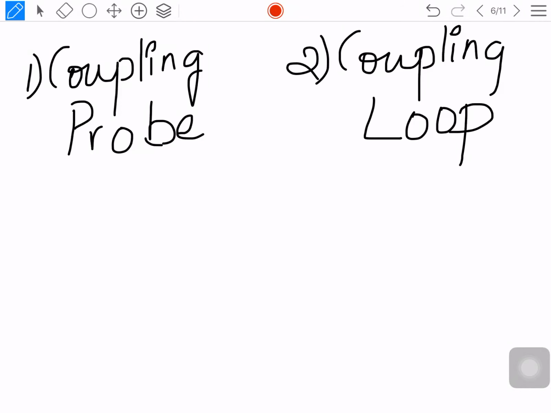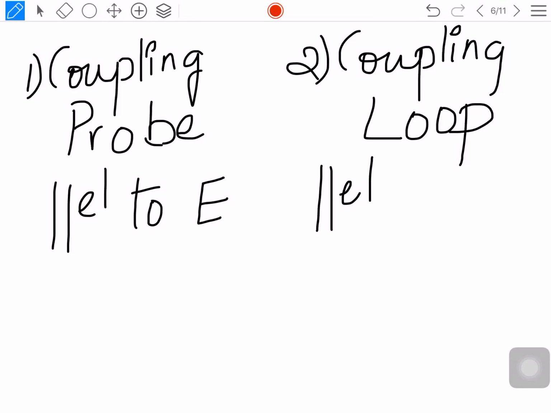The probe is nothing but the extension of the inner conductor of your coaxial cable, and this probe axis should be parallel to the electric field, and the loop should be perpendicular to the magnetic field.